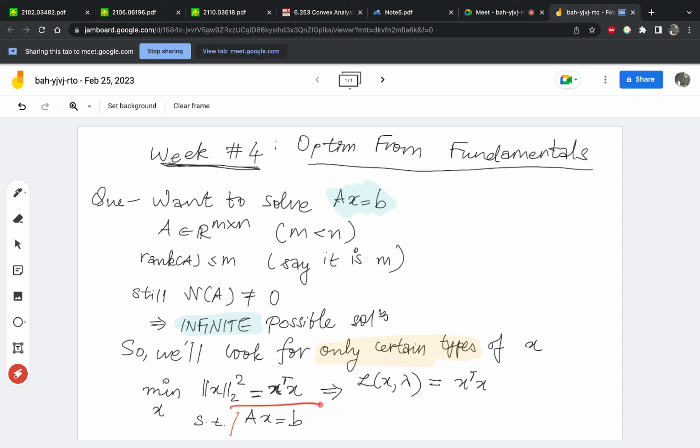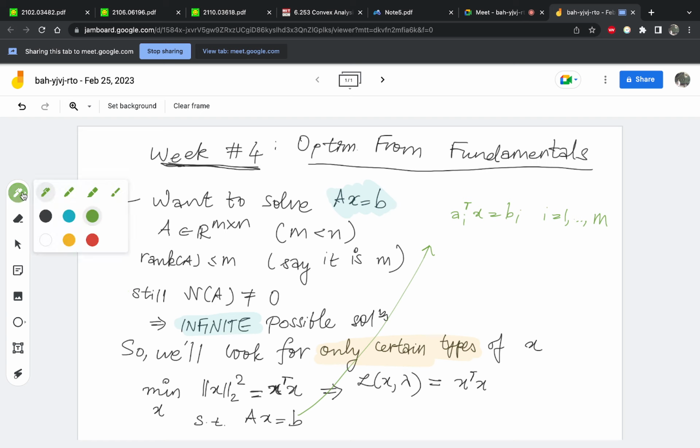So maybe let me write it down. This Ax equals b is nothing but m equality constraints in conjunction, right? Ai transpose x equals bi, where i ranges from 1 to m. So I'm just stacking it in a matrix and then writing it compactly as this matrix vector product. Does that make sense? Okay.